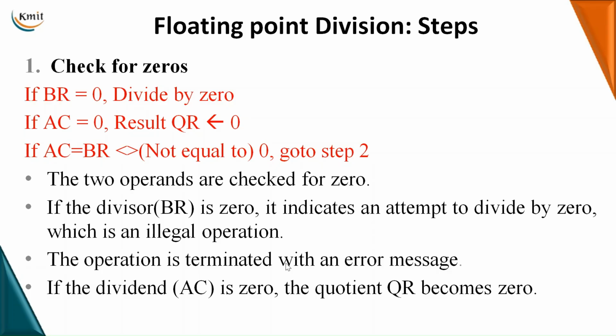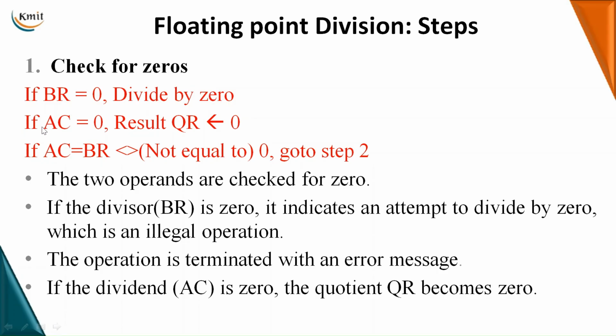These 2 operands are checked for zeros. If BR is equal to 0, the divisor is 0, then it is considered a divide by 0 error. We are attempting to divide a number by 0, which is an illegal operation, so the operation is terminated with an error message.